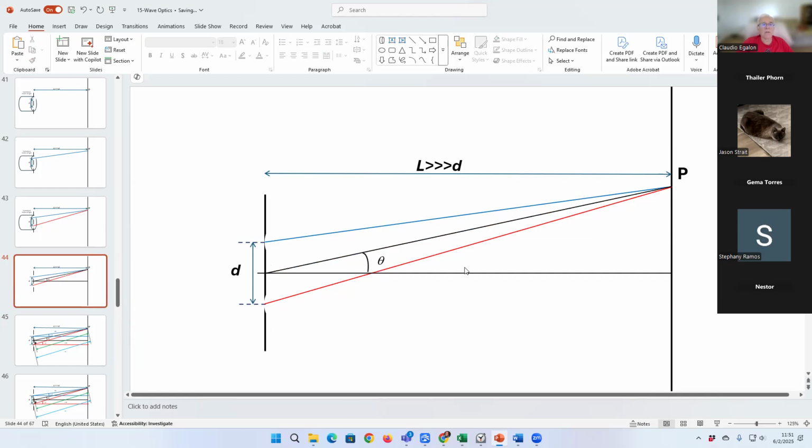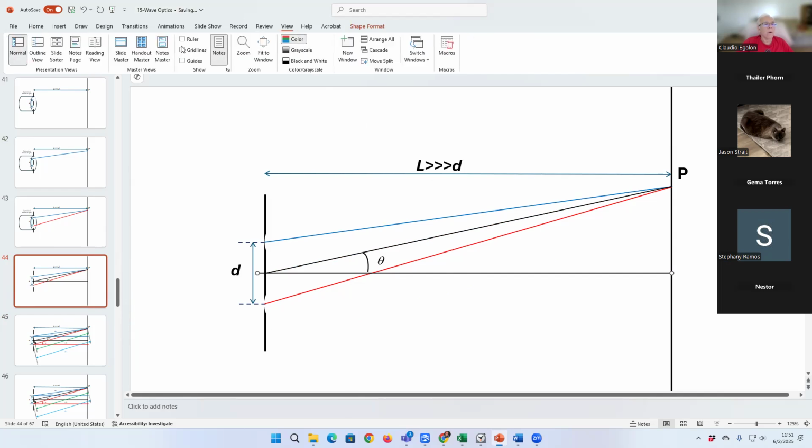Let's make sure that this line is horizontal. Yep, this line is horizontal according to my grid line here. And the middle of the slit is my reference, okay? Going all the way up to the point P, and we have an angle theta here.